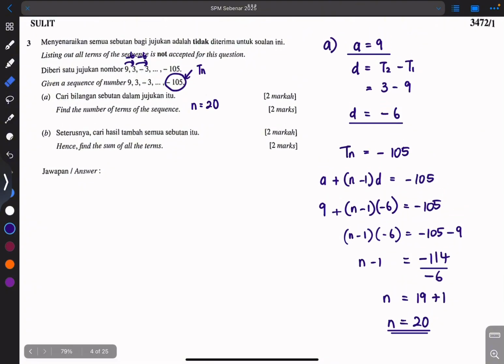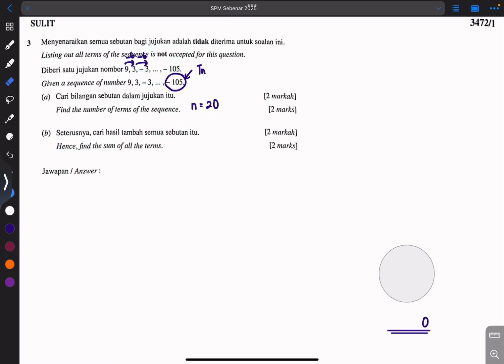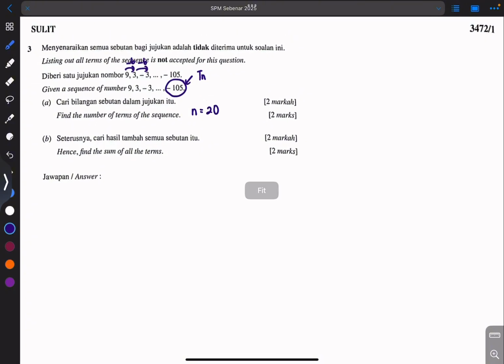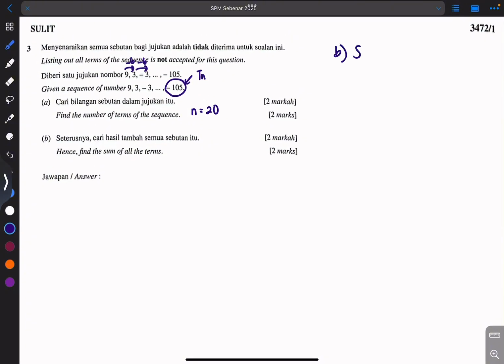Okay, let's look at B. Here they want us to find the sum of all terms in the sequence. To find the sum of all terms, we have two formulas. One is given in the exam: n over 2 times (2a plus (n minus 1)d). One more is not given in the exam: n over 2 times (a plus l).